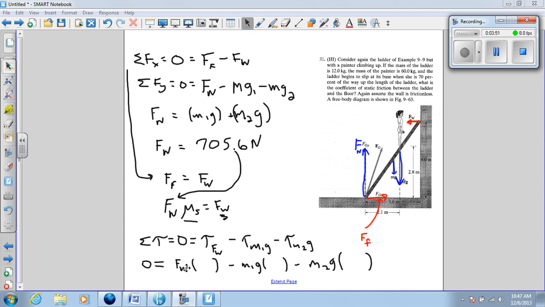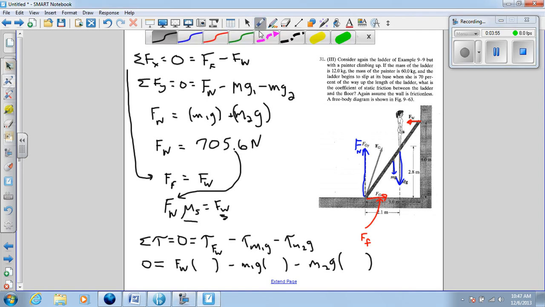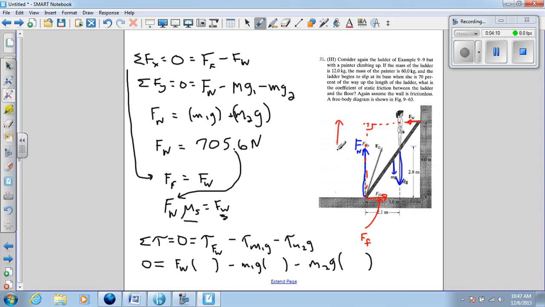Now for the force of the wall, here's the wall. If I extend this out this way, you can see that if this is the axis of rotation, this is where they meet in a perpendicular right angle, which means this distance right here is the lever arm for the force of the wall. We know that is 4 meters, so 4 meters goes into the lever arm there.